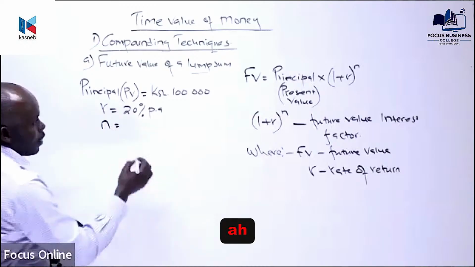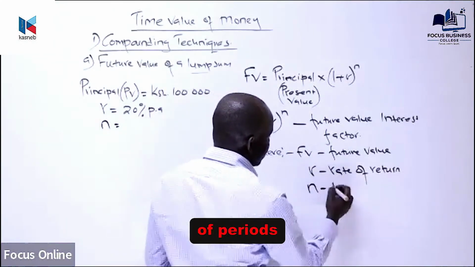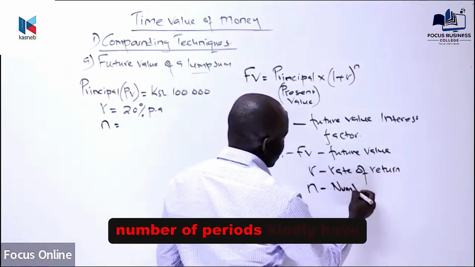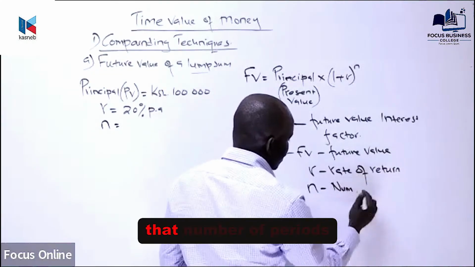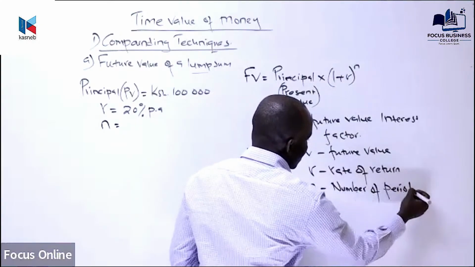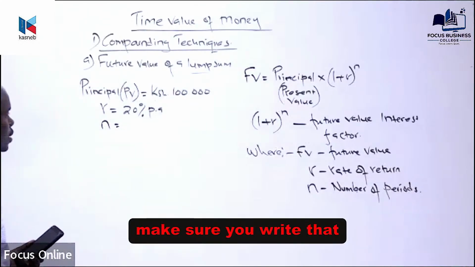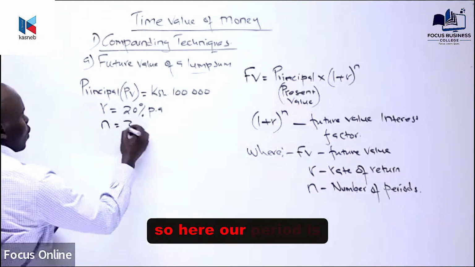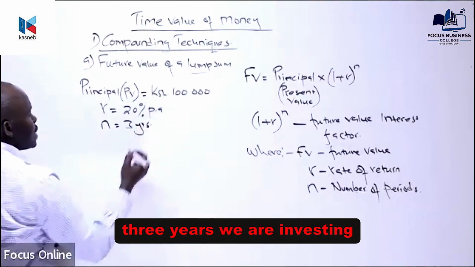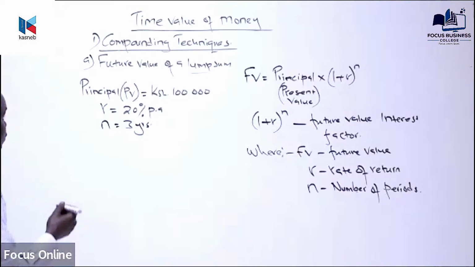N is equal to the number of periods. Kindly have that. Make sure you write that. Here, our period is 3 years; we are investing for 3 years.